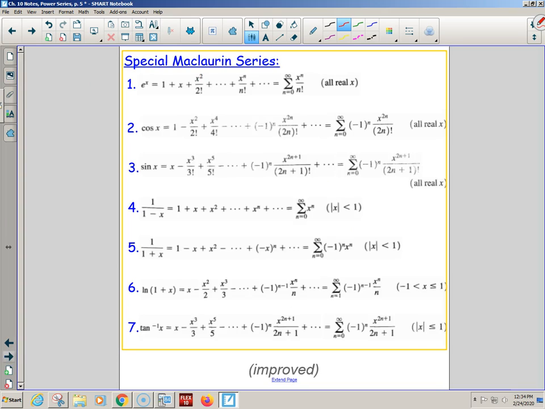Now, some of you might realize that you don't necessarily need absolutely everything on this page, but I do need you to know the nth term. I think the nth term is helpful just because these are ones that are commonly put on the AP.